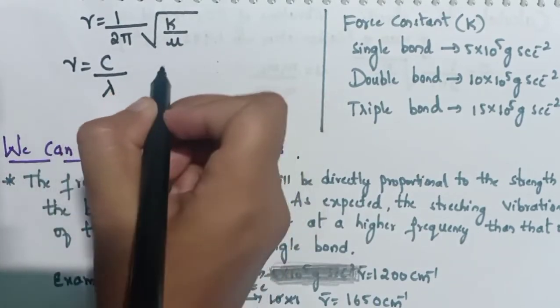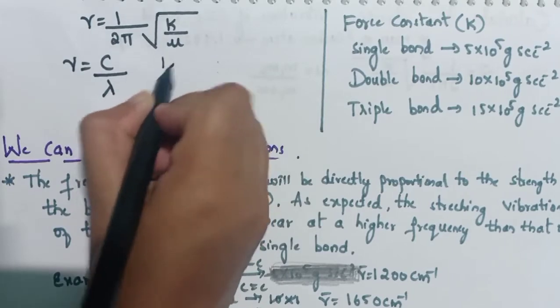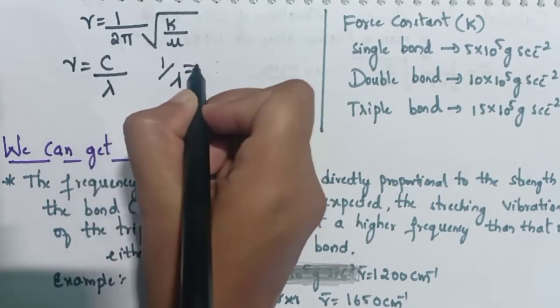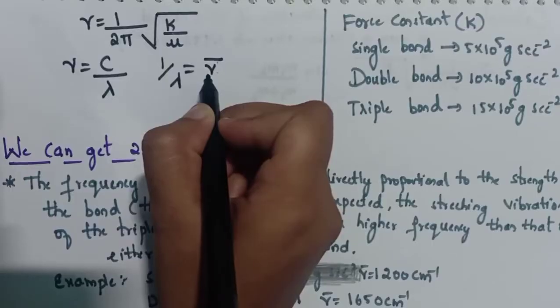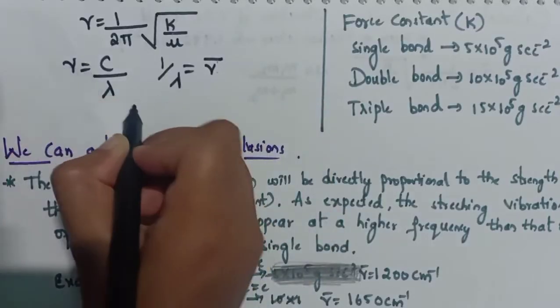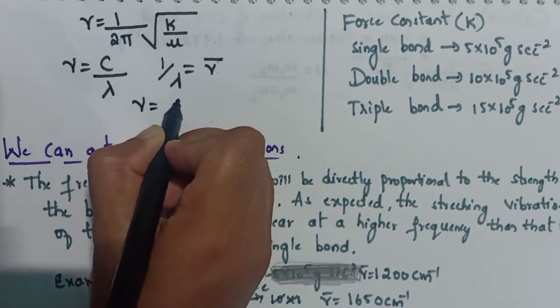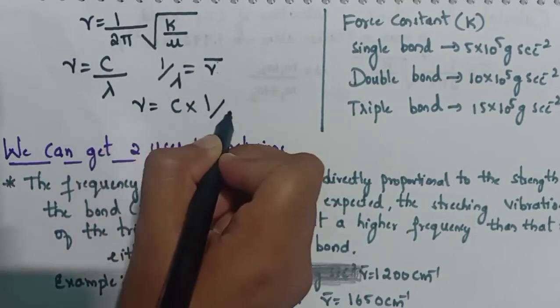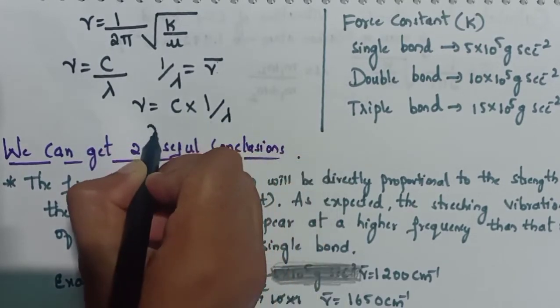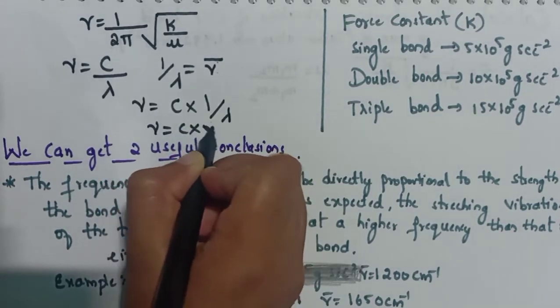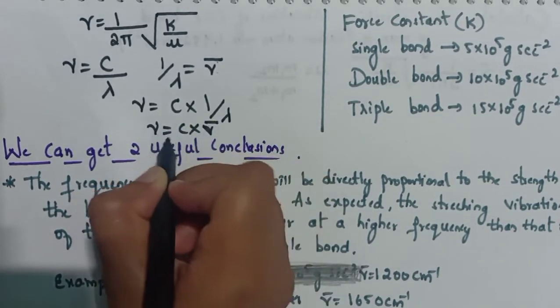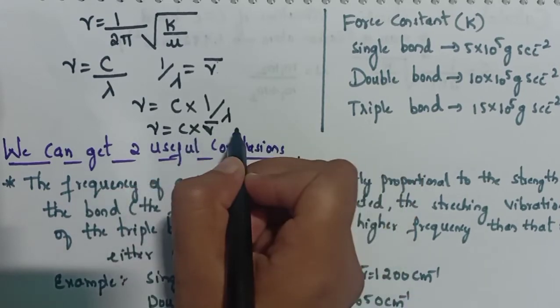So 1 divided by lambda is nu bar, the wave number. This can be written as c into 1 by lambda, so nu is equal to c into nu bar.